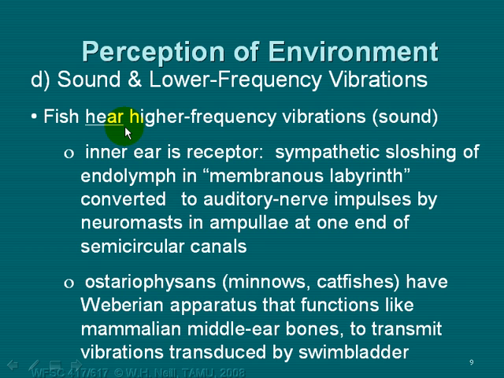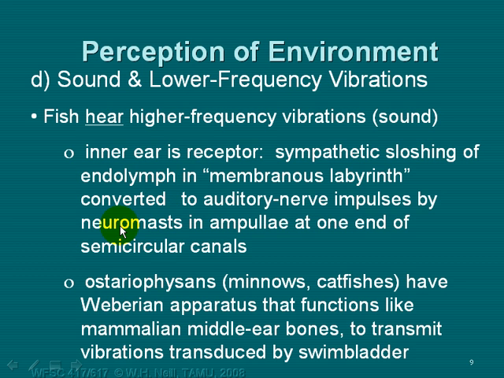Fish, I think, like people, literally hear higher frequency vibrations as sounds, and the inner ear is the receptor. You've got these semicircular canals, and they've got endolymphatic fluid that sloshes around and stimulates hair cells that line the labyrinth, and the triggering of these cells is summated and converted and sent as auditory nerve stimulation.